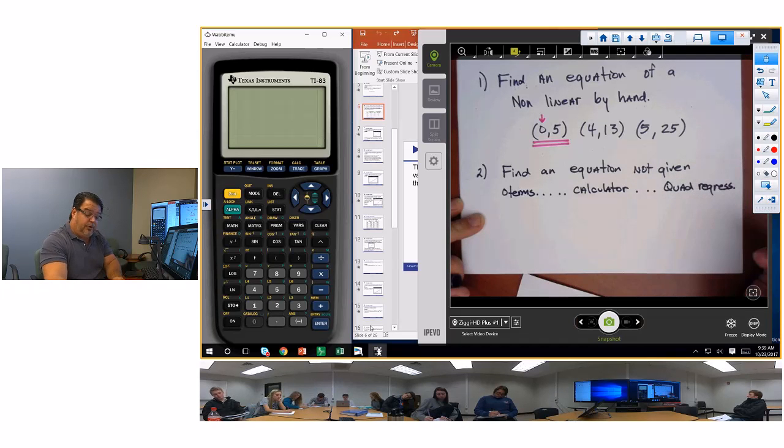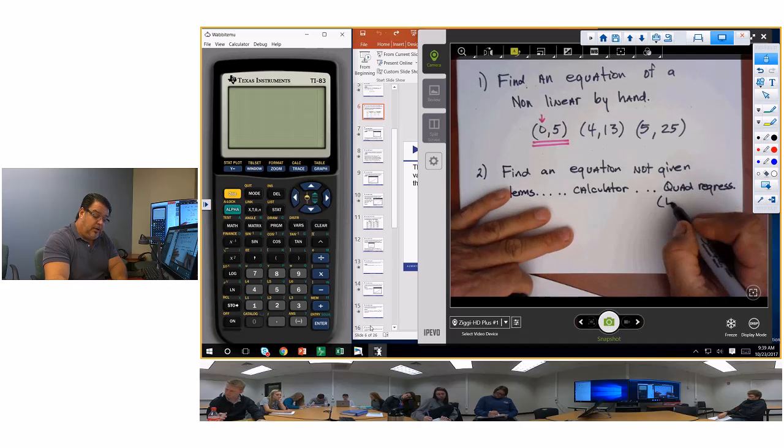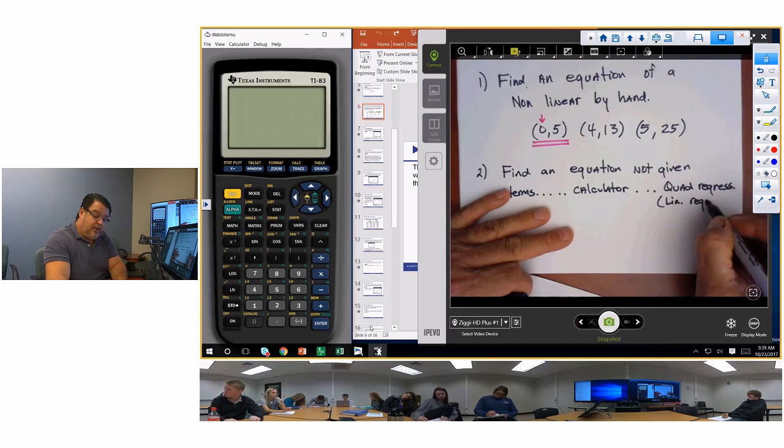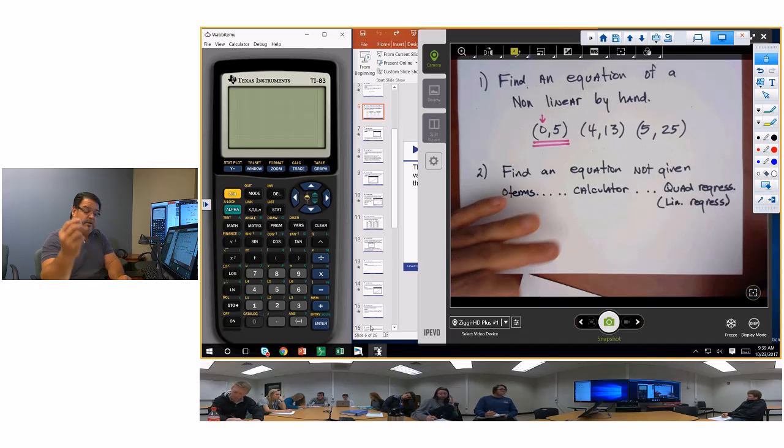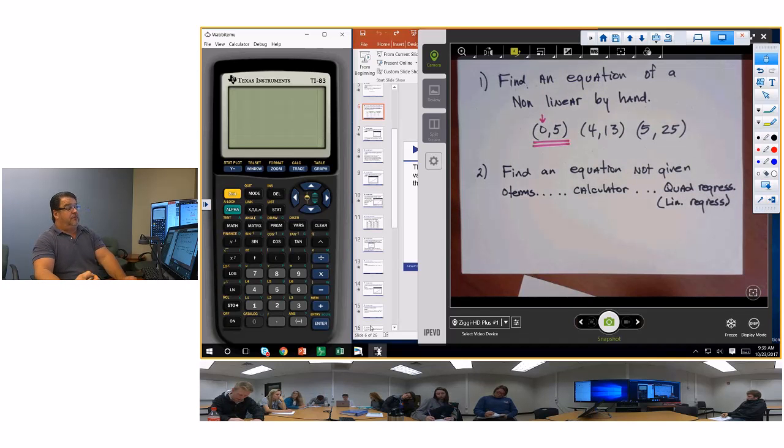Now also you need to put under there linear regression, because sometimes you may be asked to find the information about a linear line, and that would be linear regression. Okay?